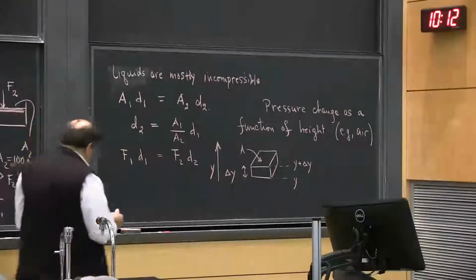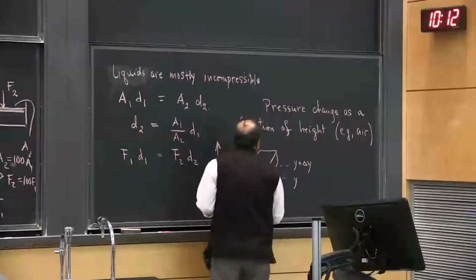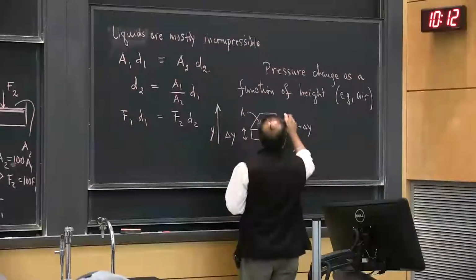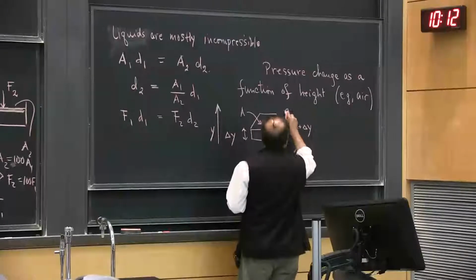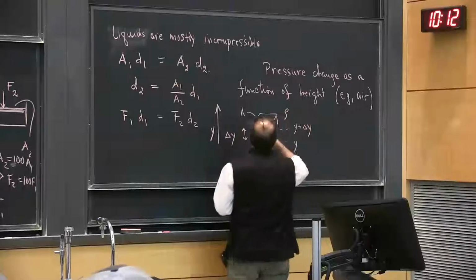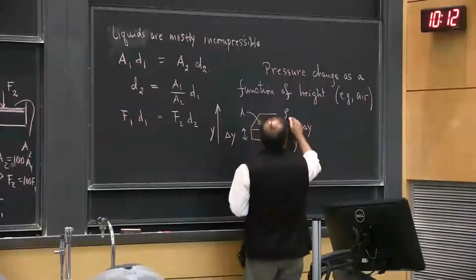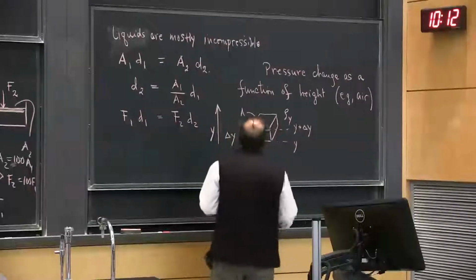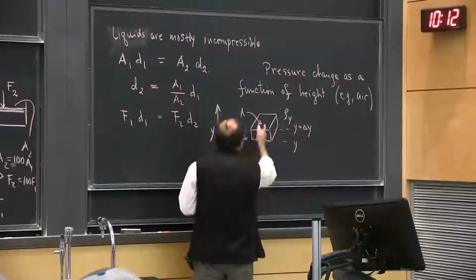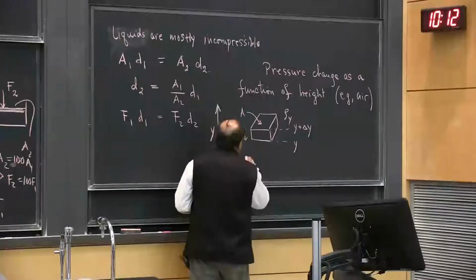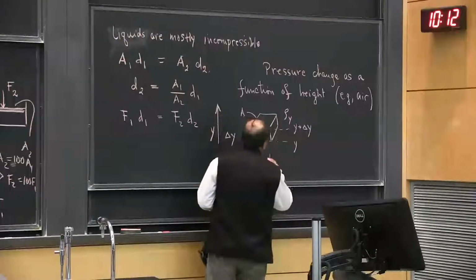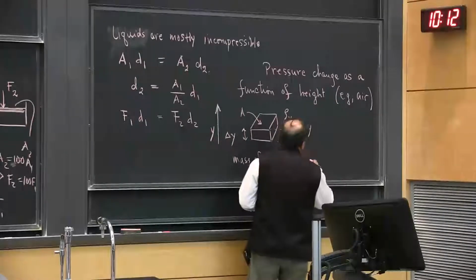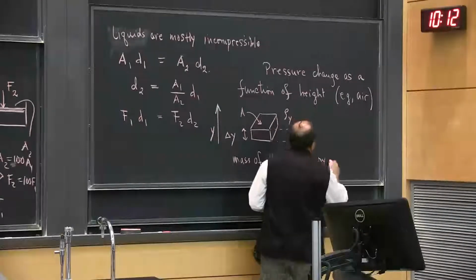And we can now estimate, let's say the density of air in this slab is rho, but since density can change with height, I would call it rho sub y. So at this point, I should be able to write the mass of this imaginary slab of air.